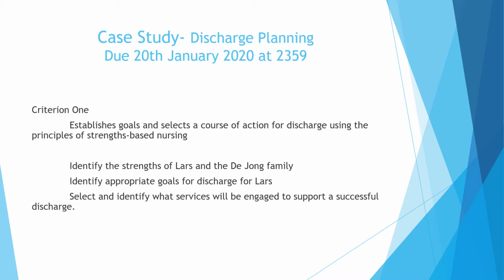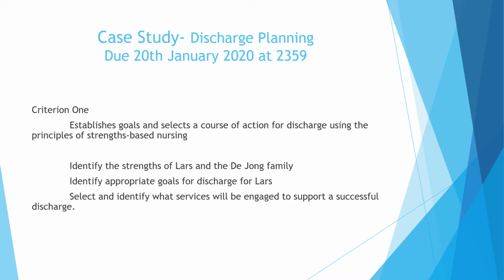You need to identify goals for discharge that are appropriate for Lars and the family, taking into consideration their situation. From those goals, you then need to ask: what does Lars need to successfully go home? What supports does he need, and what services are going to provide those supports?